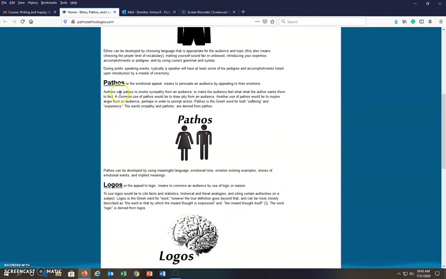Then you have pathos. Pathos is the emotional appeal. This is when a person is persuaded through means of emotions. This is rampant in commercials. If you think about anti-texting commercials, I haven't seen a whole lot these days, but I know that they're out there.